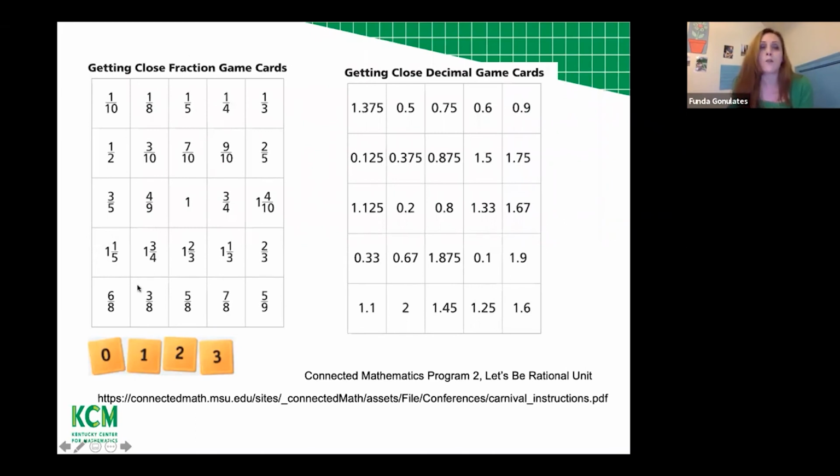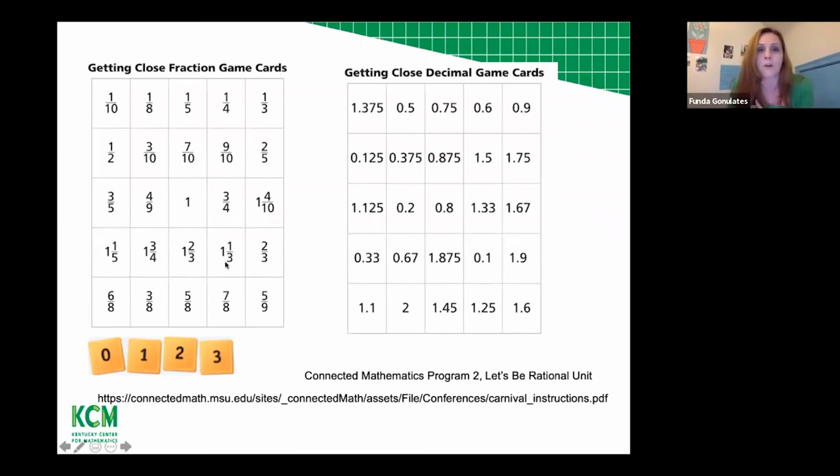You can choose to play with fraction game cards, or you can choose to play with decimal game cards. These are cut out and placed face down. Kids can play in partners. The first player picks 2 fraction cards if you're playing with the fraction cards. For example, I picked 1/4 and 1 1/3.